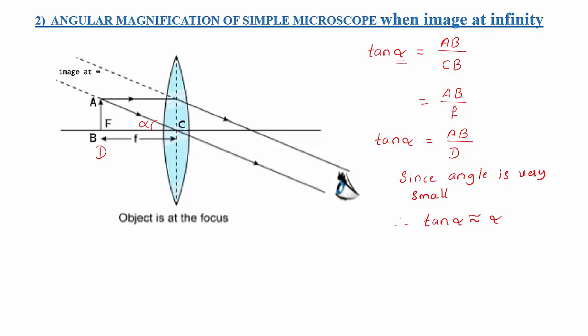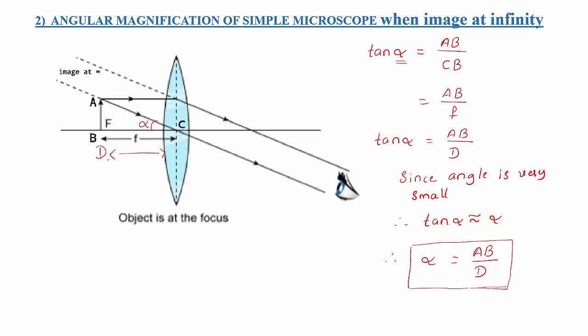So the above equation can be written as alpha equals AB divided by D. Right? So this is the value of alpha. Remember, whenever you are going to find the value of alpha, the object should be kept exactly at the least distance of distinct vision.